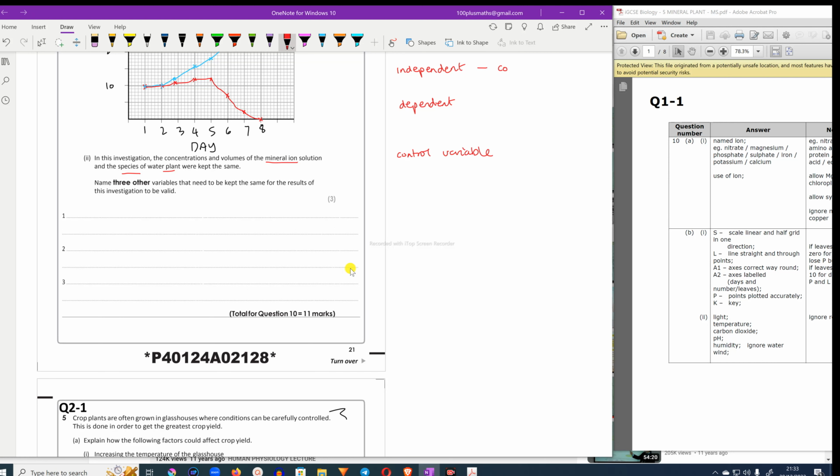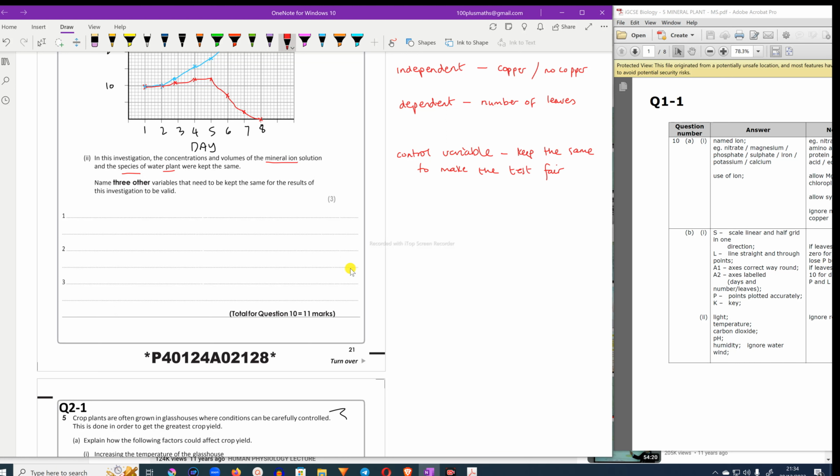So in this case, it was copper and no copper. We changed that. Then the one that we measured was the number of leaves. Control variable being, it's the one that you keep the same. Why? To make the test or investigation fair or unbiased.